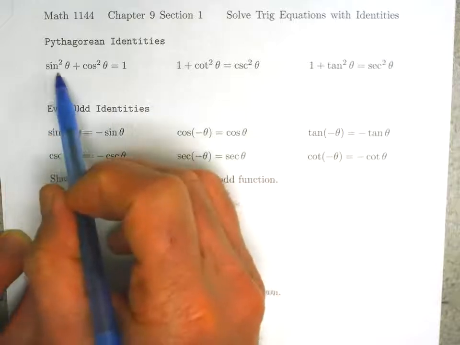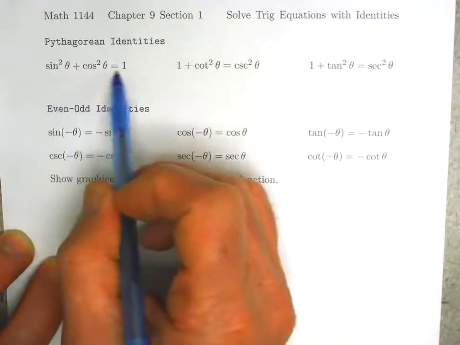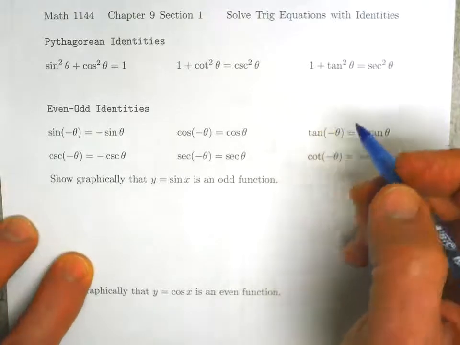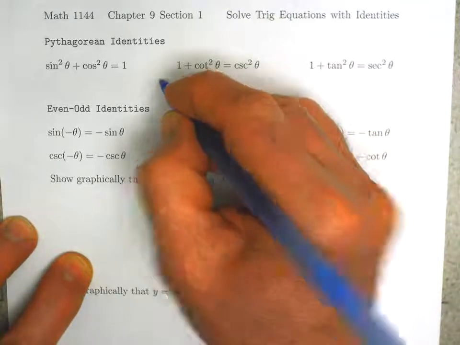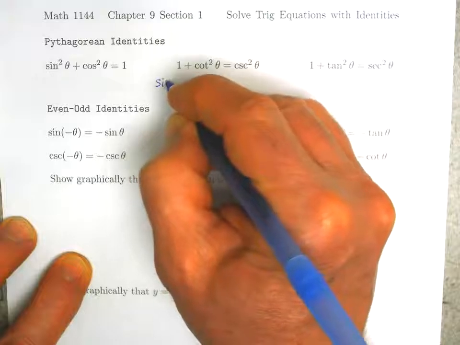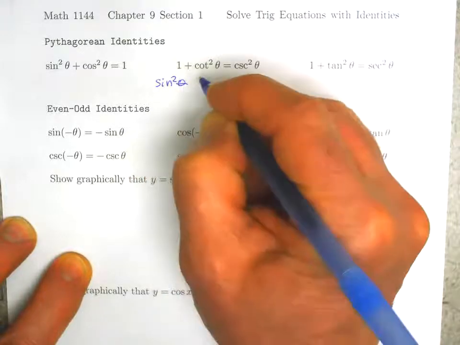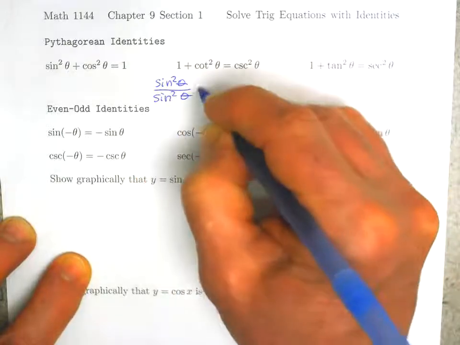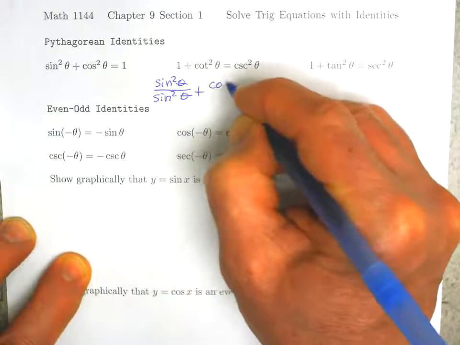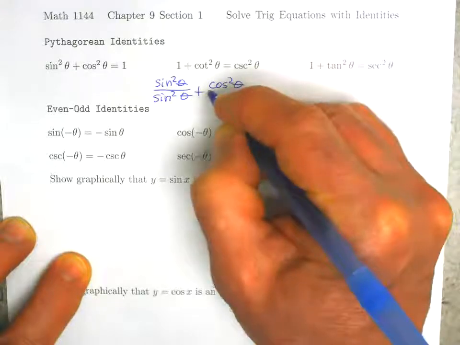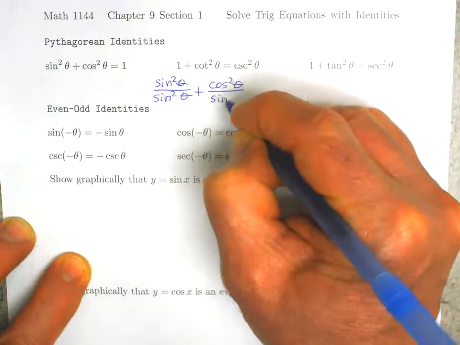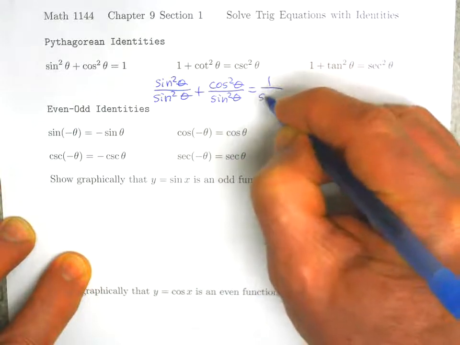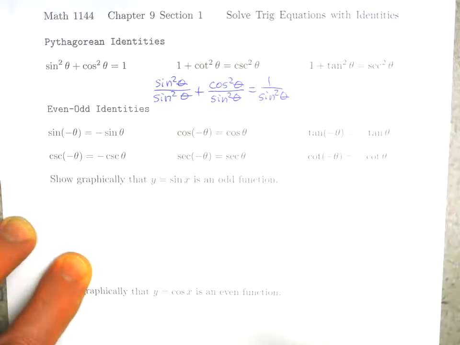If we divide every term on both sides of this first Pythagorean identity by sine of theta squared, we get this one. So I'll go through the motion. Sine of theta squared divided by sine of theta squared plus cosine of theta squared divided by sine of theta squared equals 1 divided by sine of theta squared.